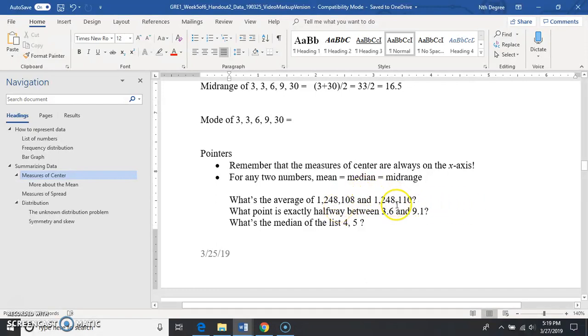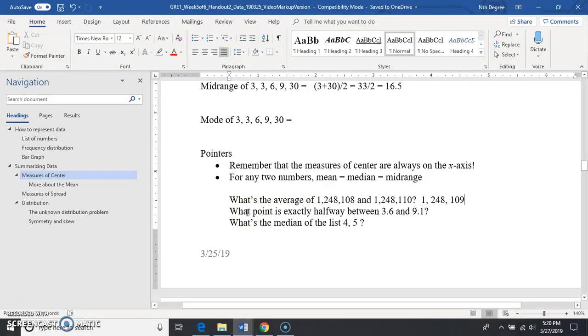Since there are only two numbers in this list, their mean is the same as their mid-range, which is the number halfway between them. Well, wouldn't that be 1,248,109? Of course it would, because 9 is halfway between 8 and 10. So it's very, very easy when you think about it as the mid-range instead of their mean.